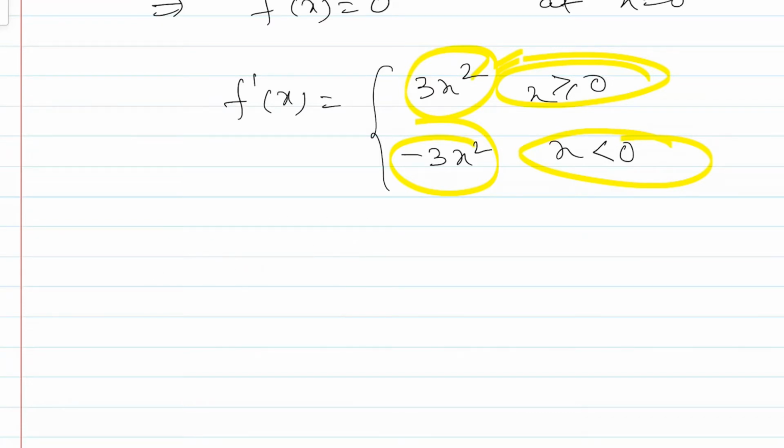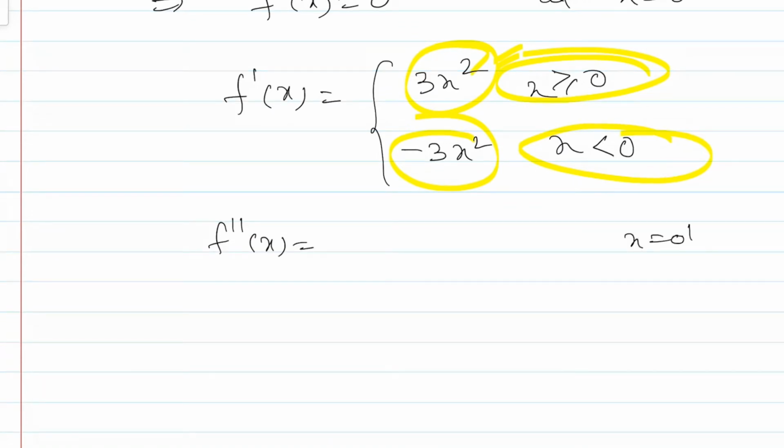Now the second derivative: f''(x) at x equal to 0 plus, when x is slightly greater than 0, will be 6x, and f''(x) at x equal to 0 minus, when x is slightly less than 0, will be −6x.